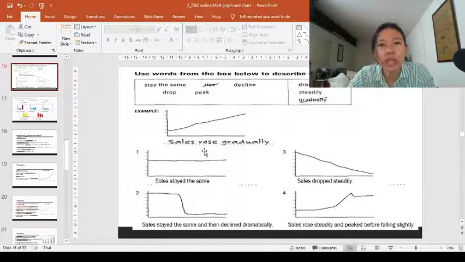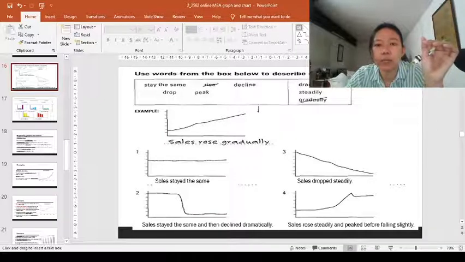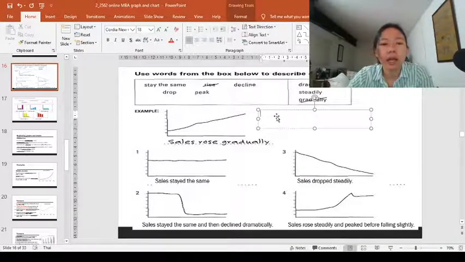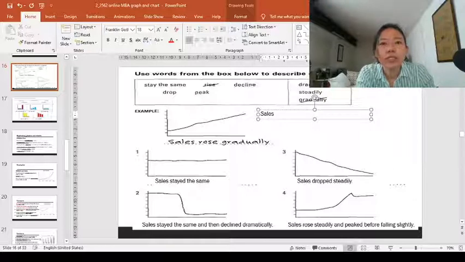So we're going to change it into a noun phrase with adjective and noun. Here, the subject is sales, so you can say that sales experience.